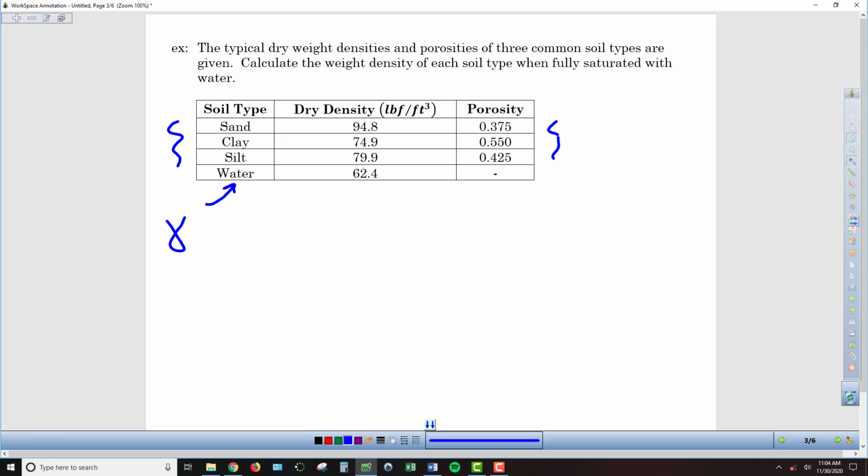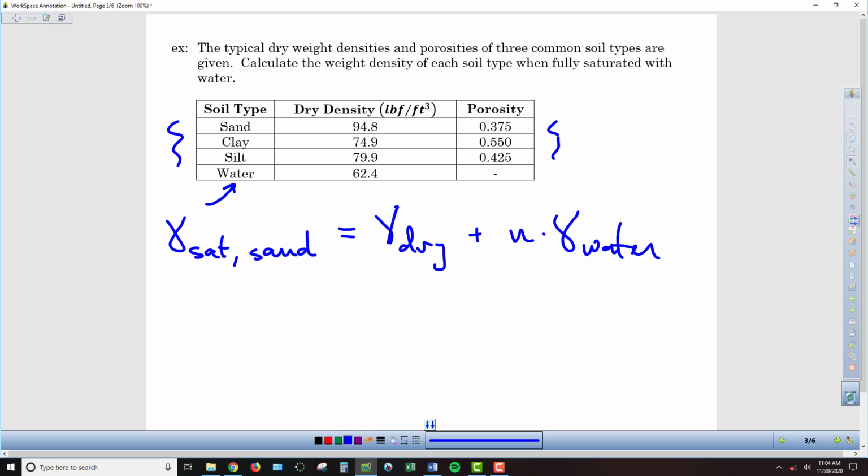So if we want to find the saturated density for, let's say, the sand, we're going to take our formula: the dry density plus the porosity times the density of water. In the case of sand, the dry density is 94.8, and then we're going to add to that the porosity times the density of water.